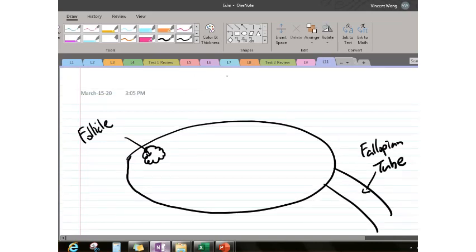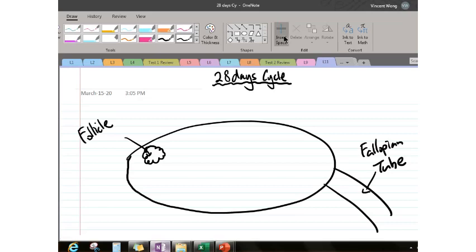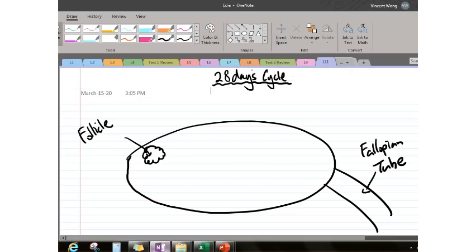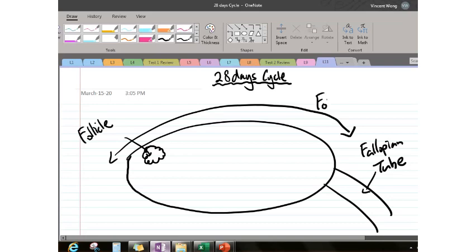Let's consider our typical 28 day cycle, the menstrual cycle. Again, for some women it's longer, for some it's shorter, but on average we say 28 days. The cycle is separated into two phases. The first phase here is called the follicular phase.